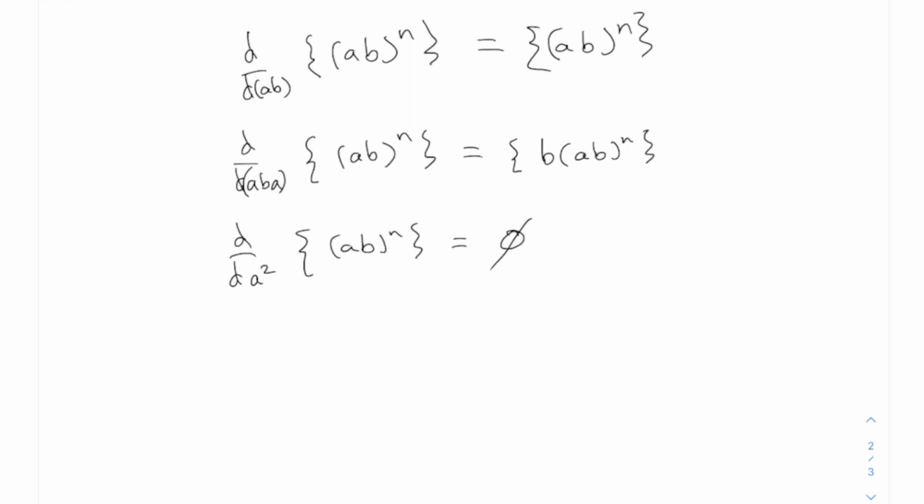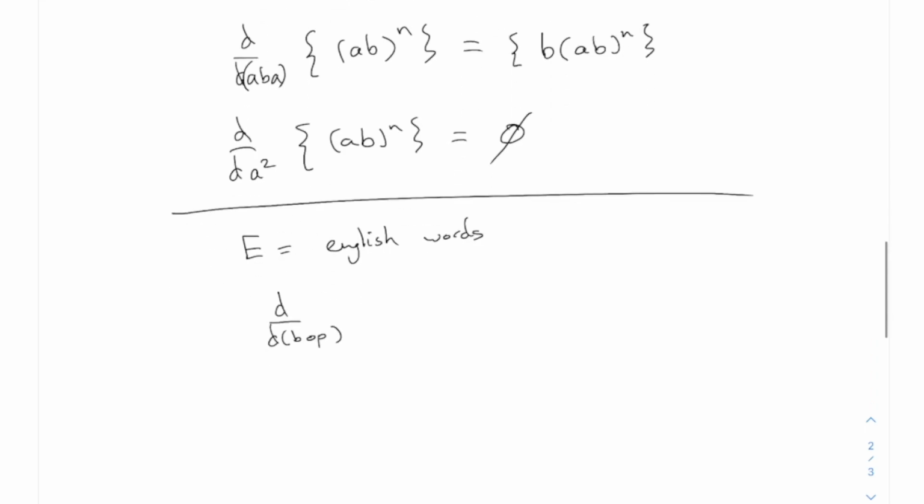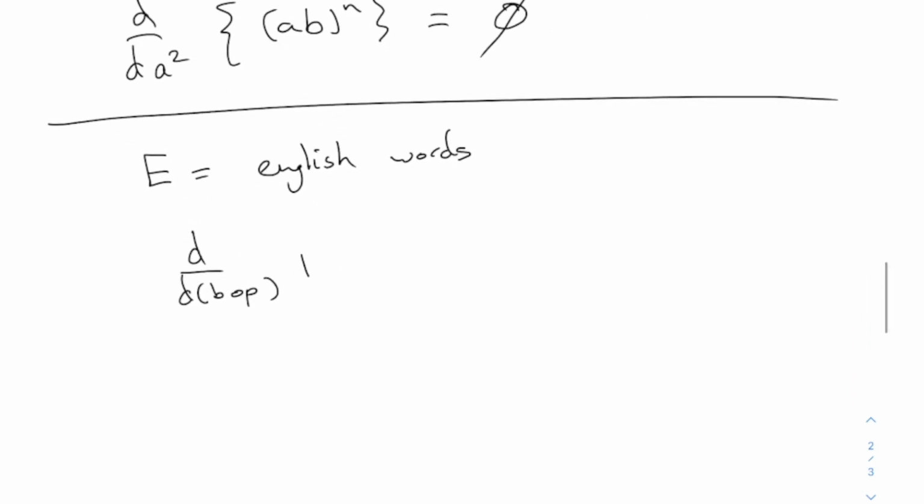Let's talk about what it is good for. Oh, I had this written in my notes. I better say it. If we're talking about English words, I thought this was cute. If E is the set of English words, what is the derivative with respect to bop of E?